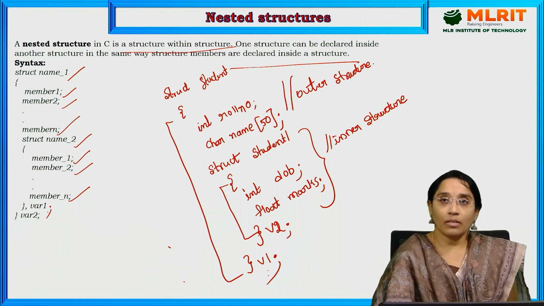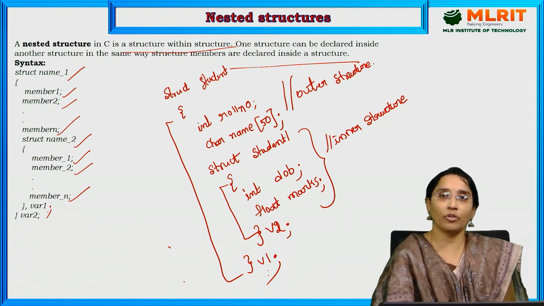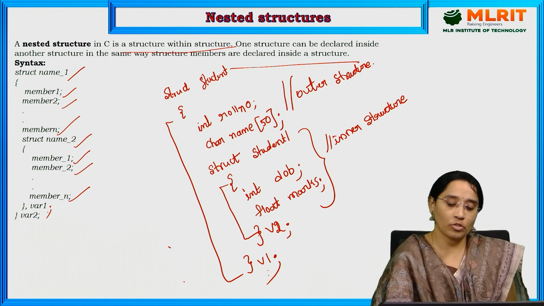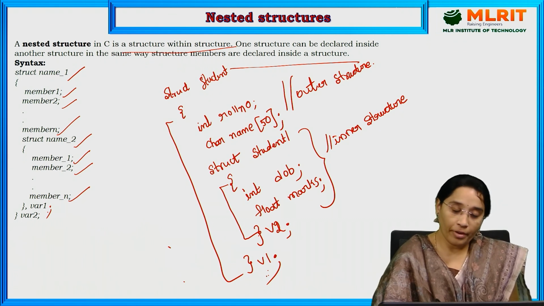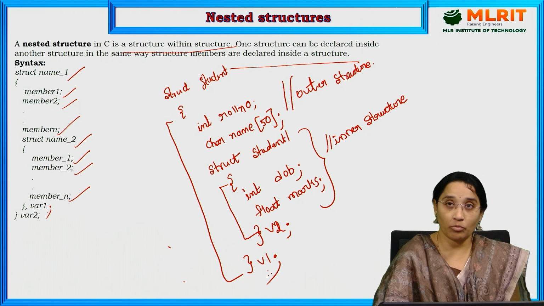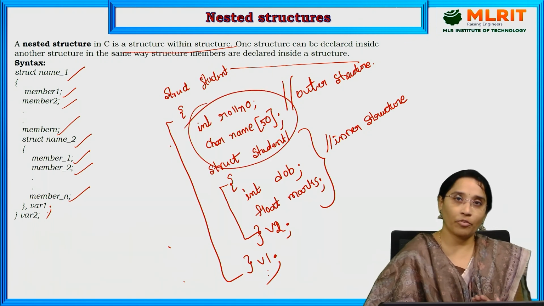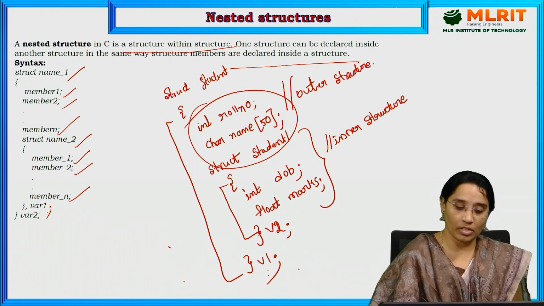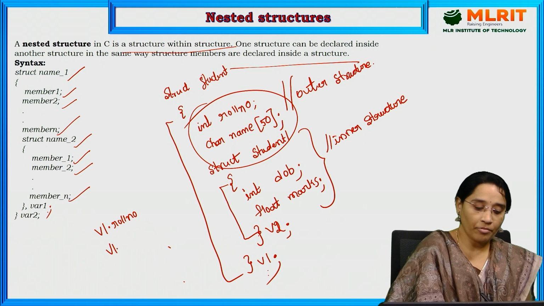While accessing the members of the structure, we need the dot operator. With the help of the dot operator, you will access the members of the structure. If I want to access the members of the outer structure, it will be v1 dot roll number, v1 dot name.